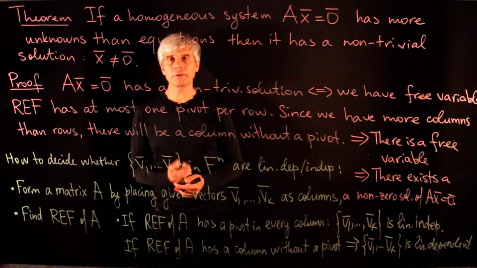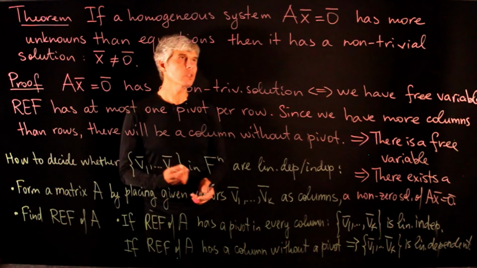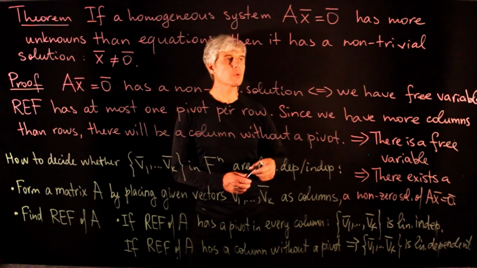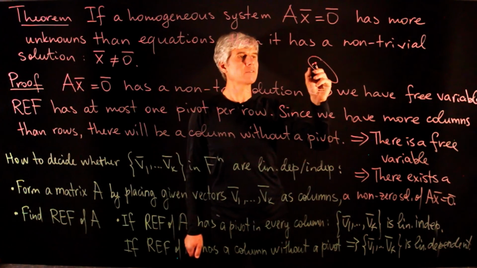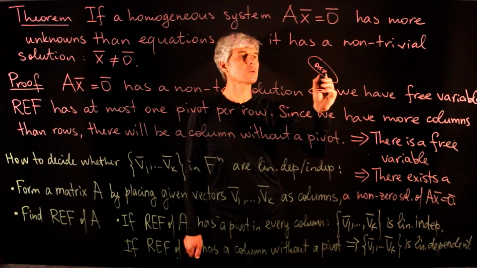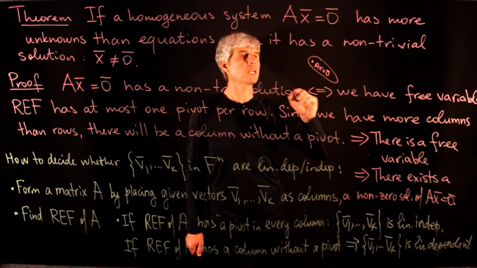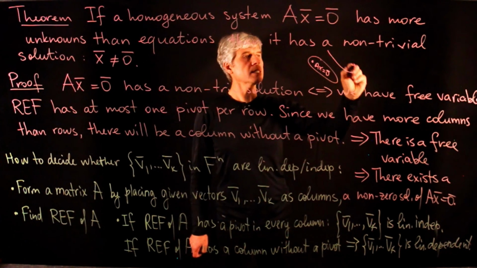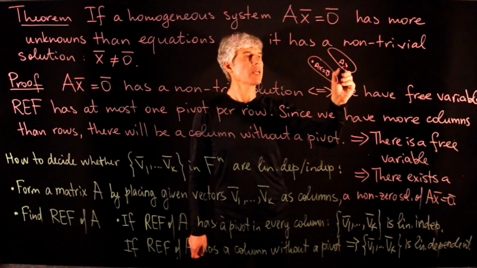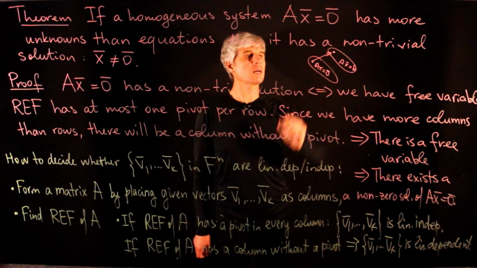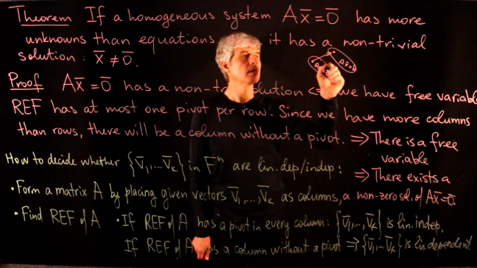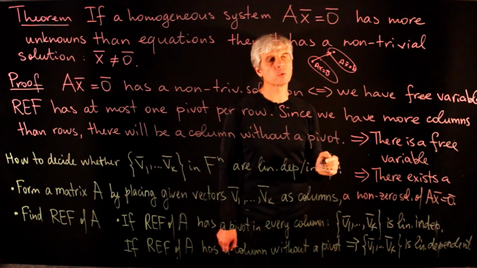But if it is consistent, then remember we had a theorem that said that if the solution set of Ax equals 0 is a subspace, then for a consistent system, solutions of Ax equals b will be this subspace shifted by one particular solution.